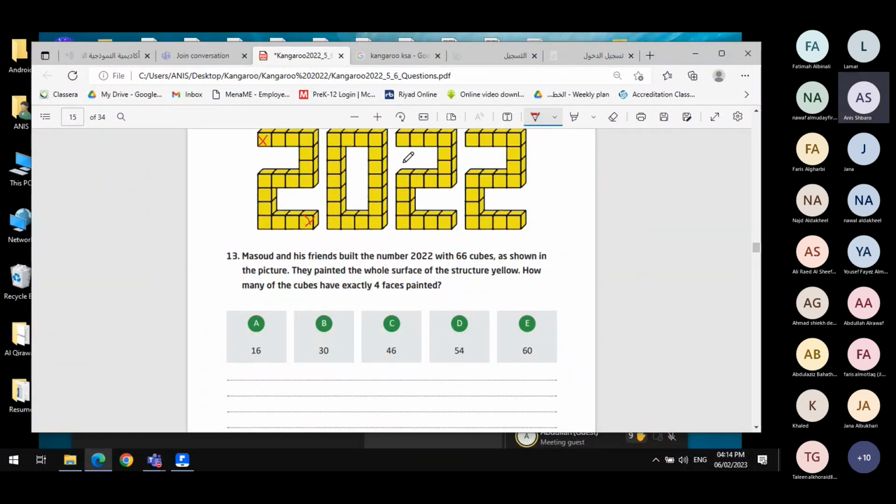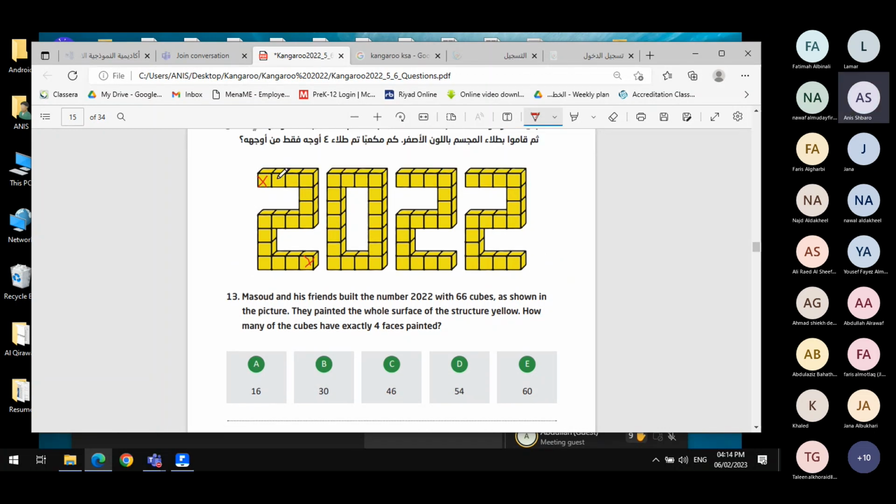No, it's not about what we see. Some of them we cannot see the side. Look, remember this side, for example. We can see this face and this one, but the one in the back we cannot see, but it's already painted, right? So 1, 2, 3, and there is 1 down.